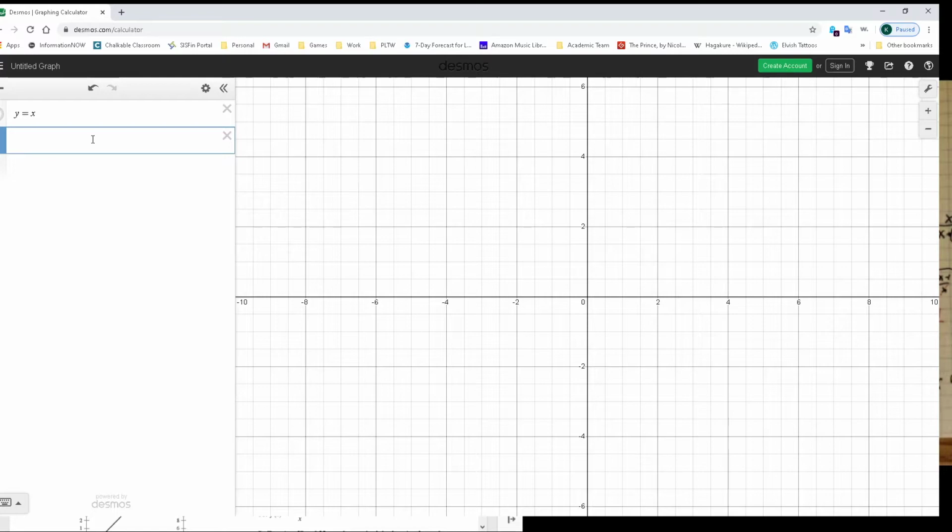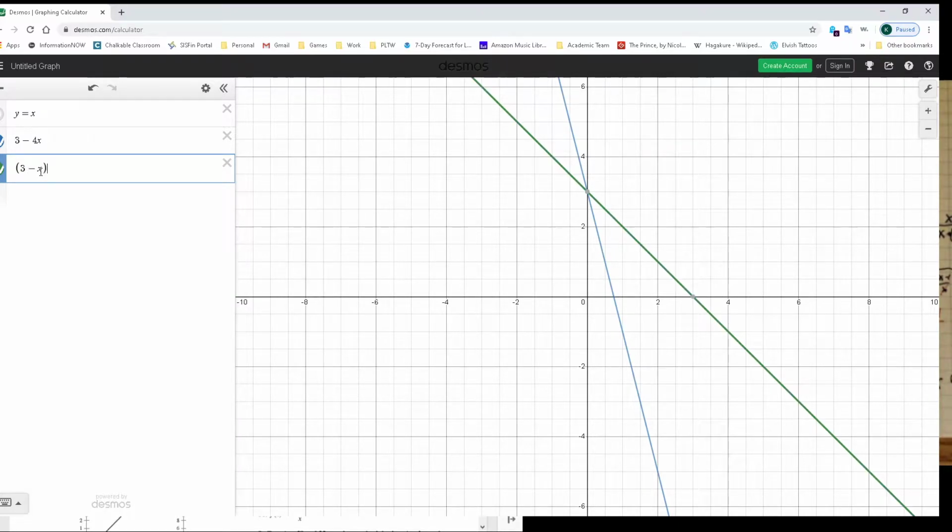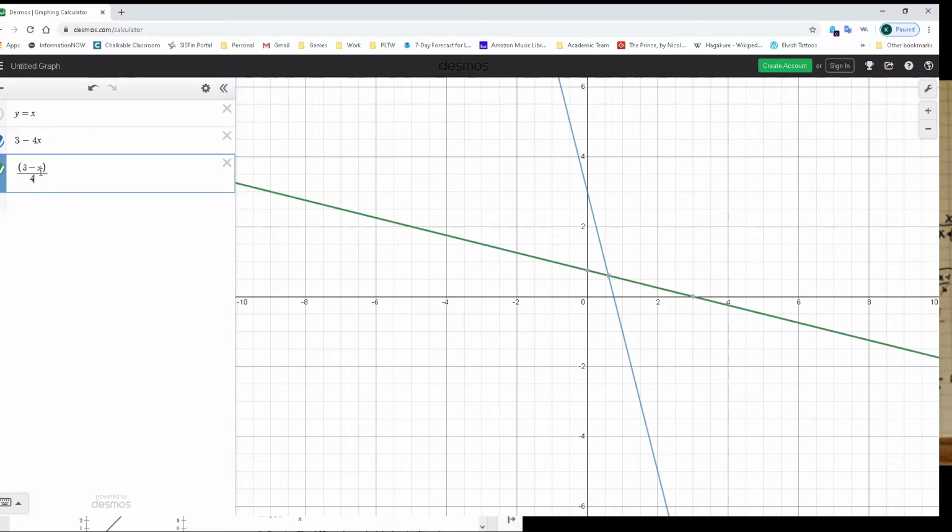On number 2, the graphs were 3 minus 4x and 3 minus x over 4. Now, these are referred to as inverse functions if the following is true in the graph. So this is your next piece of notes.